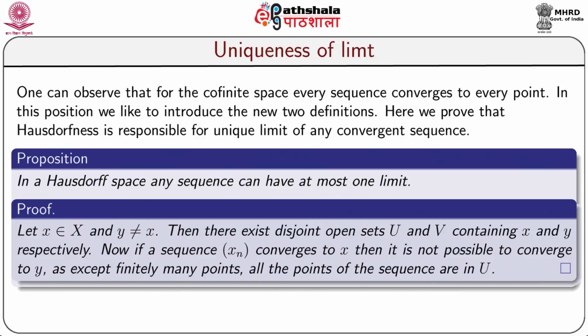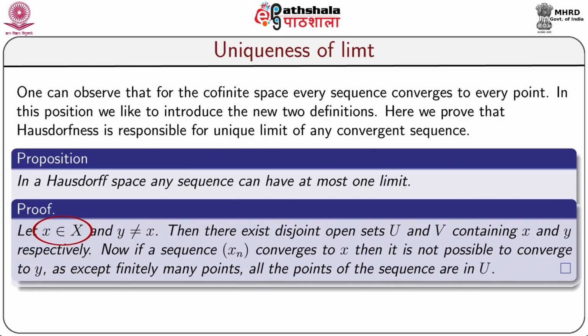Now, we observe that in a cofinite space any sequence converges to any point. Why does this happen? This happens because the cofinite space is not a Hausdorff space, but in a Hausdorff space a sequence can converge to at most one limit. So, we get the following proposition: in a Hausdorff space each sequence can have at most one limit.